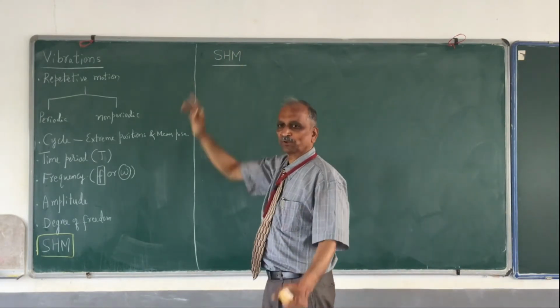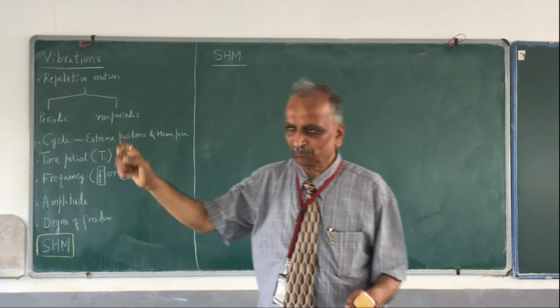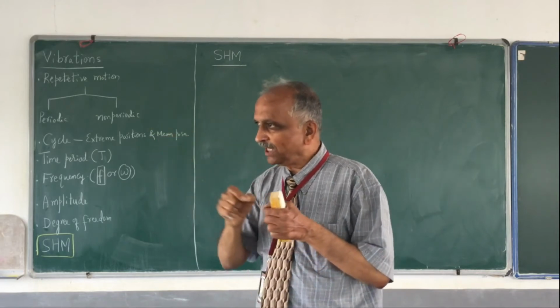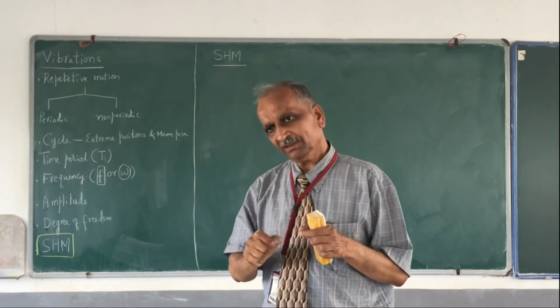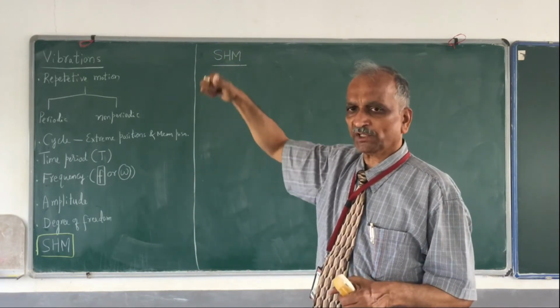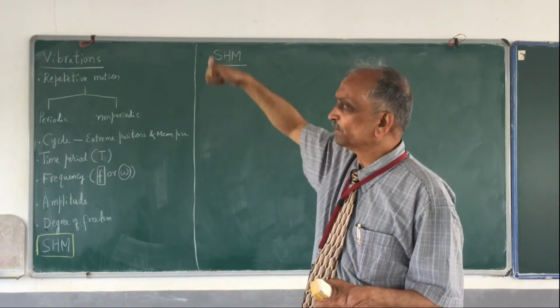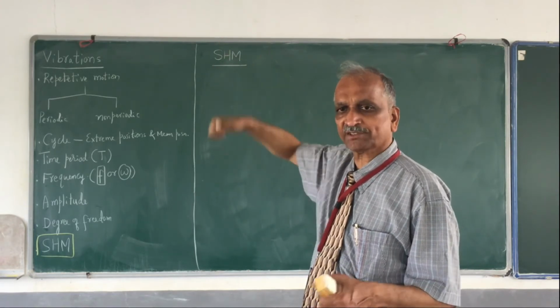So it is a repetitive motion, a to and fro motion. Any particle or body moving along a straight line may have simple harmonic motion, like the reciprocating follower in a cam and follower mechanism, which moves along a straight line.